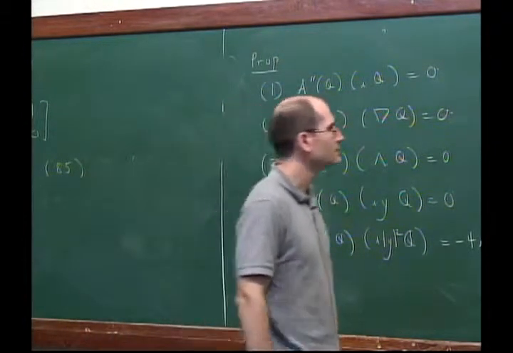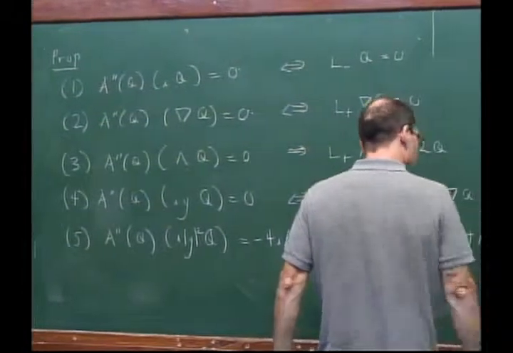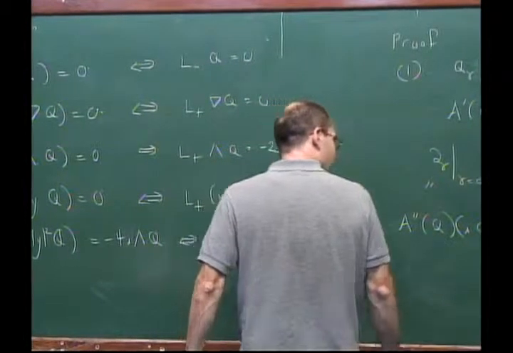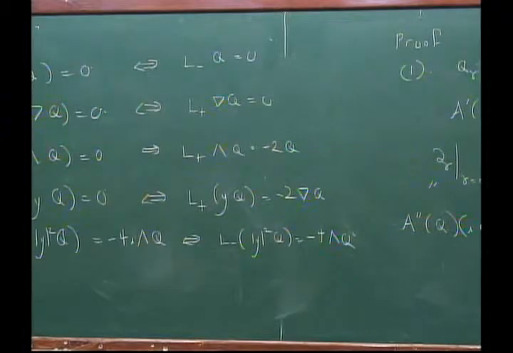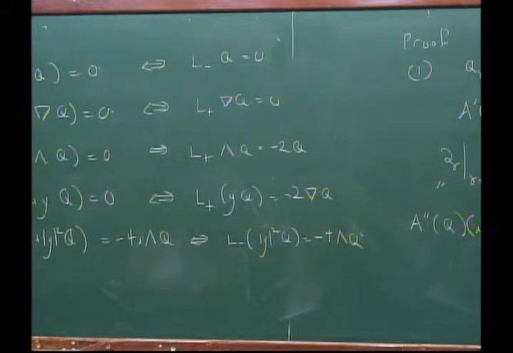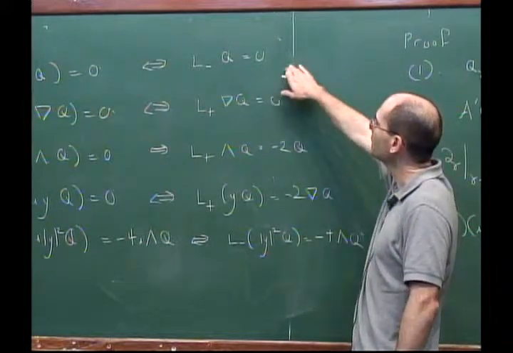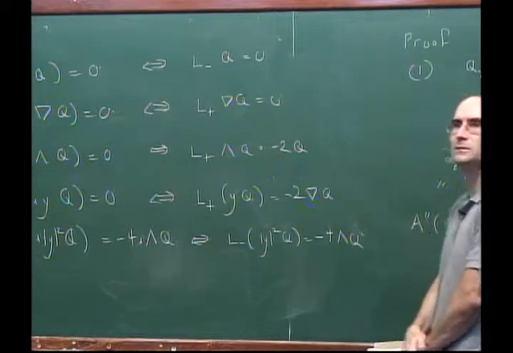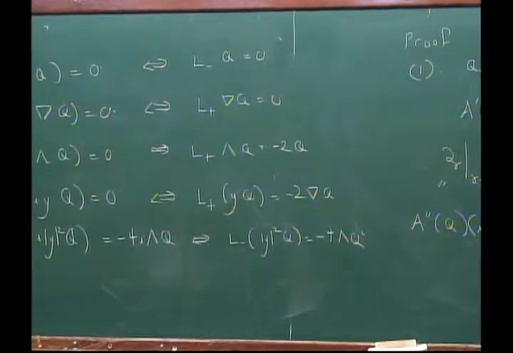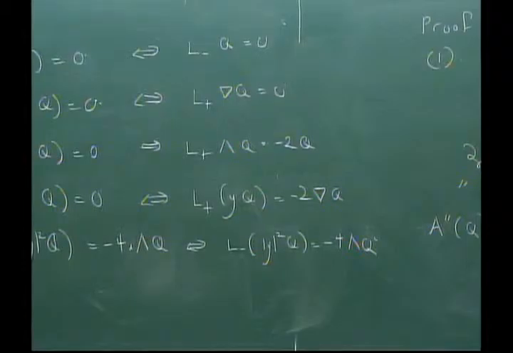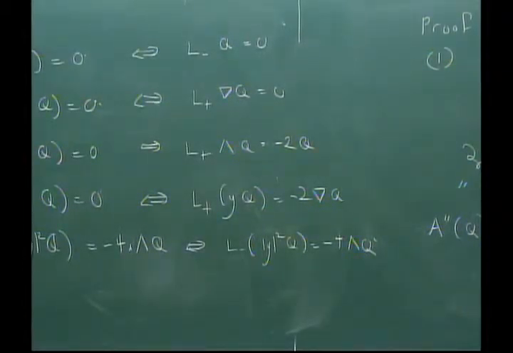Okay, so once you have these mapping properties, one thing you can do is for L plus and L minus, we know that L minus of q is equal to 0. So that's telling us that q is in the kernel of L minus. But q is positive. It doesn't have any zeros.